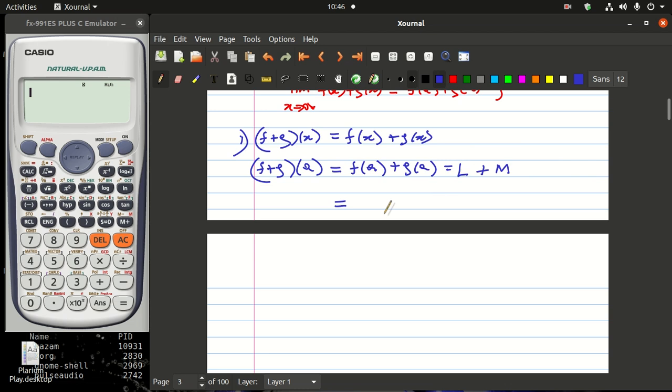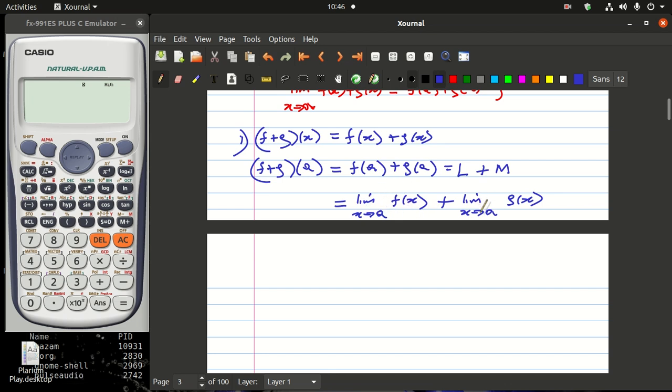So this part here is the same as the limit as x approaches a of f of x. And this part was the same as the limit as x approaches a of g of x.